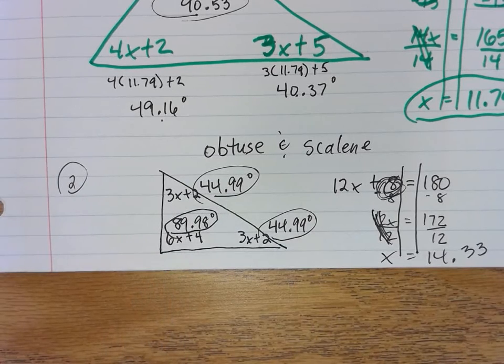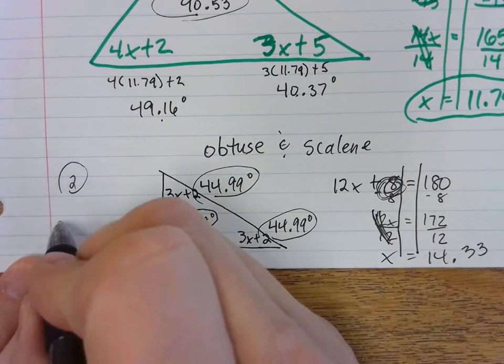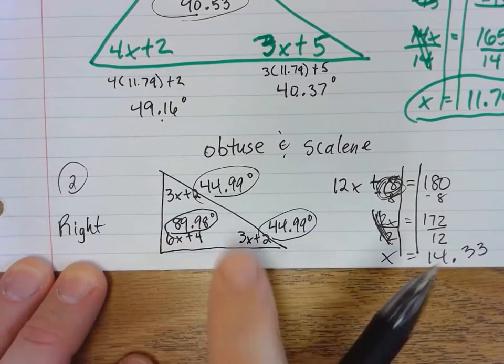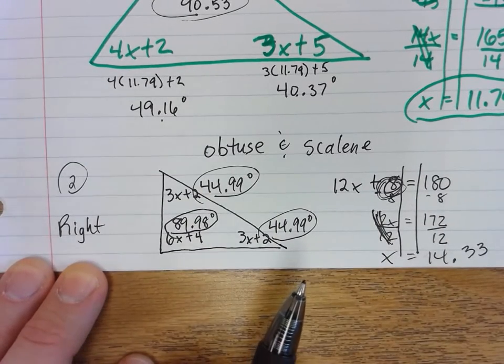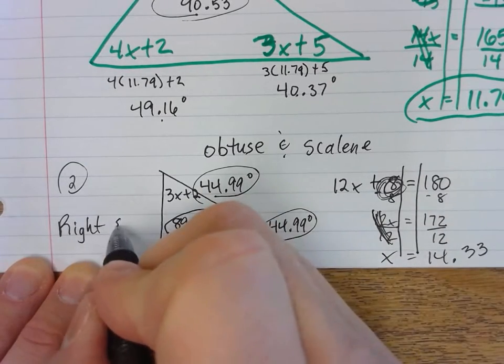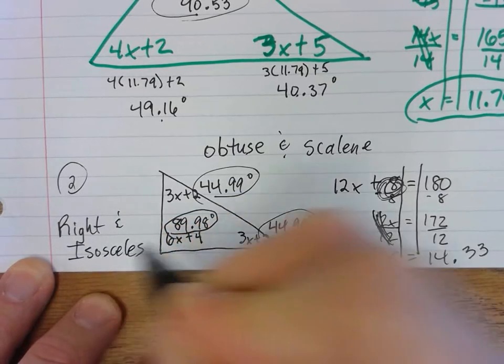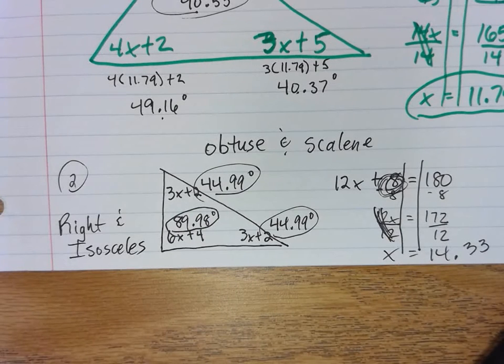The reason it's not is because we did a little bit of rounding. So since that is so close to 90, I am going to go ahead and say that that is a right triangle. And then since we've got 2 sides that are the same, 2 angles are the same, that would be right and isosceles. Okay, so that's how you classify that one. Right and isosceles.